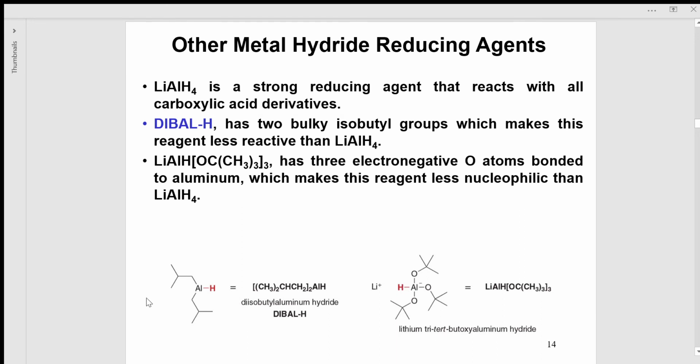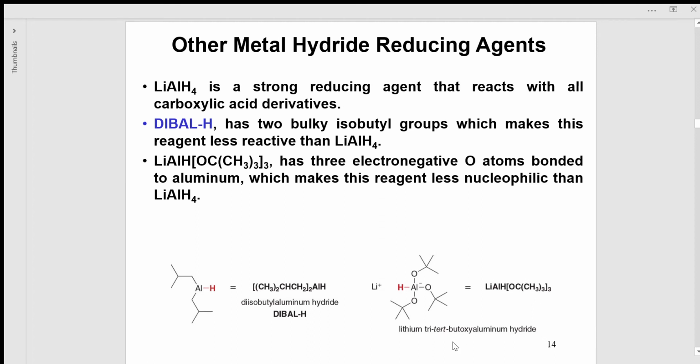The structures are a little bit complicated, and the names are definitely very long, so I don't expect you to remember the exact structures of these reducing agents, but I would like you to remember at least two simple names: DIBAL hydride, basically diisobutyl aluminum hydride, and this one, lithium tri-tertiary butoxy aluminum hydride.